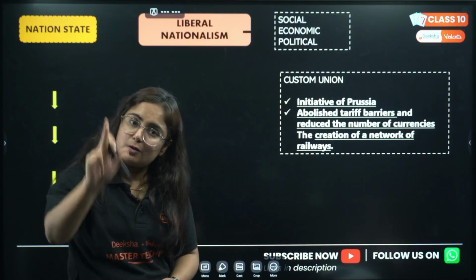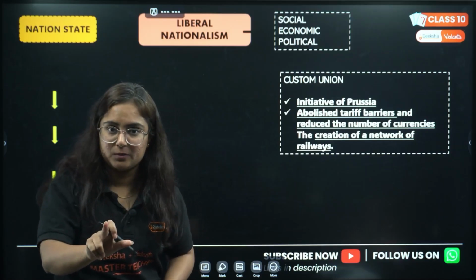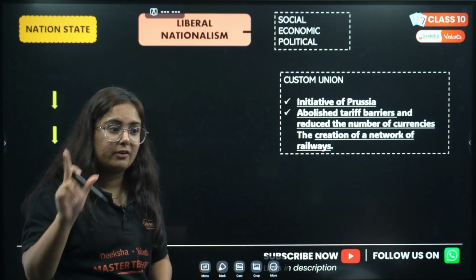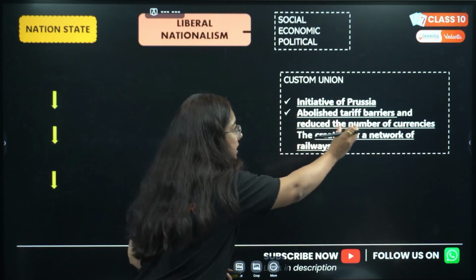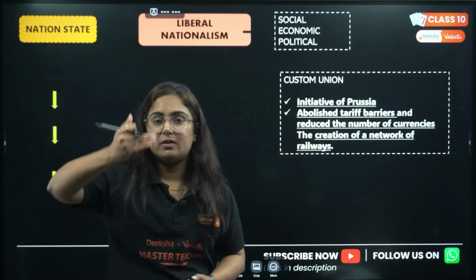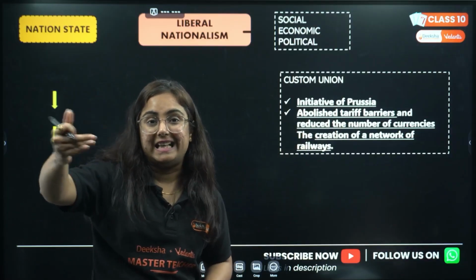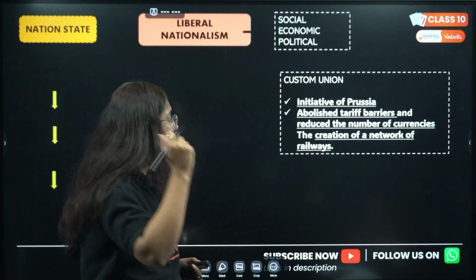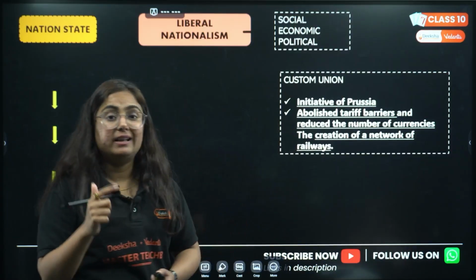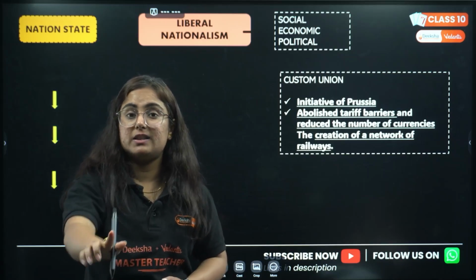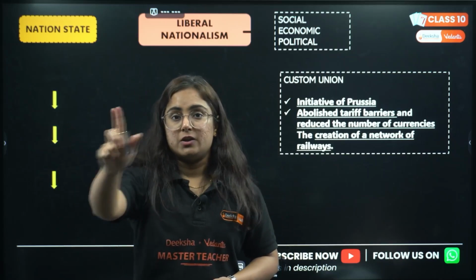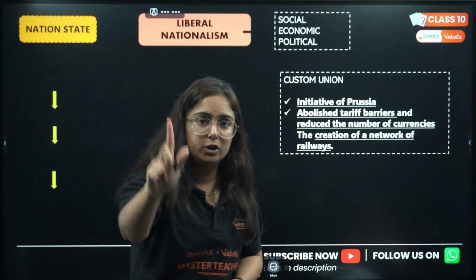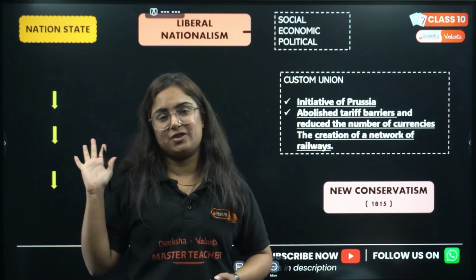Custom Union, also popularly known as Zollverein, initiative of Prussia. Remember this. To abolish the tariff barriers, like tariffs which were applied after every territory when we move one product from one place to another, and to reduce the number of currencies from 30 to 2. So Custom Union, a 3-marker question, a 2-marker question prepared by my students.